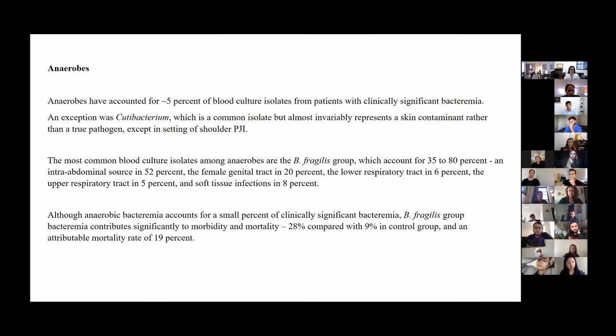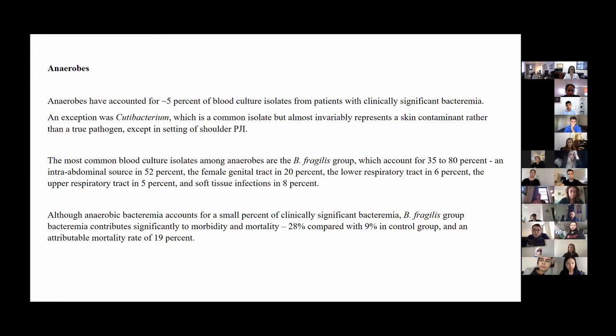Anaerobes, I think we kind of dismiss anaerobes in some ways. One, because we don't see them too often, and generally because they don't have endotoxin. They're usually not as fulminant. But B. fragilis, which is the most common anaerobe in the blood, has a significant morbidity and mortality.